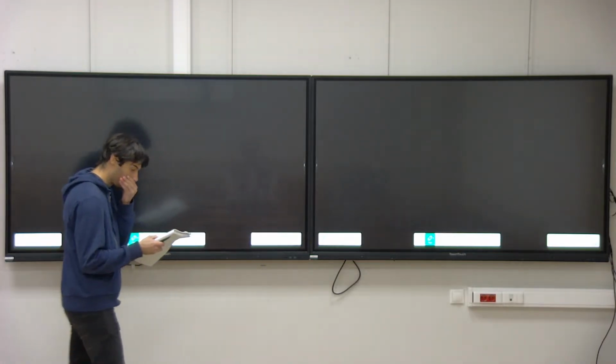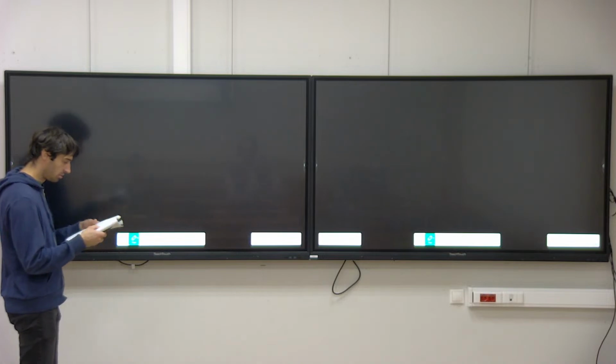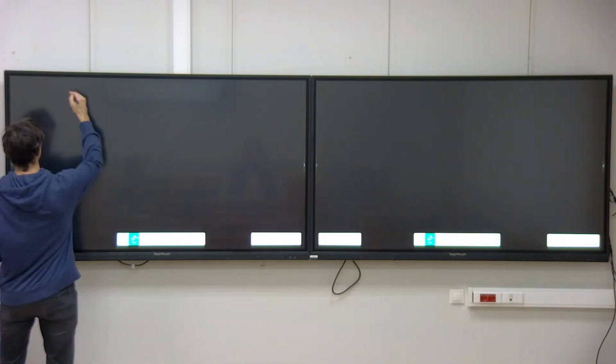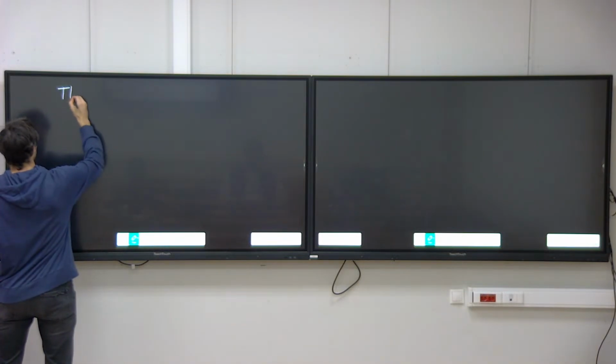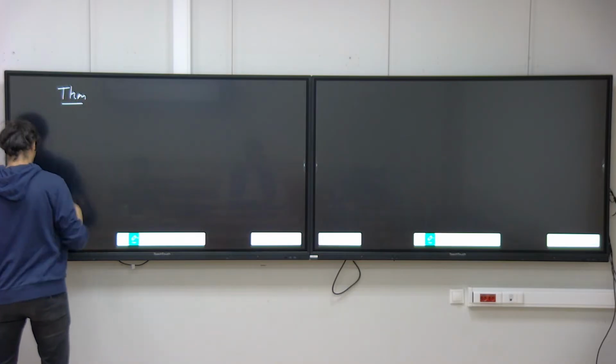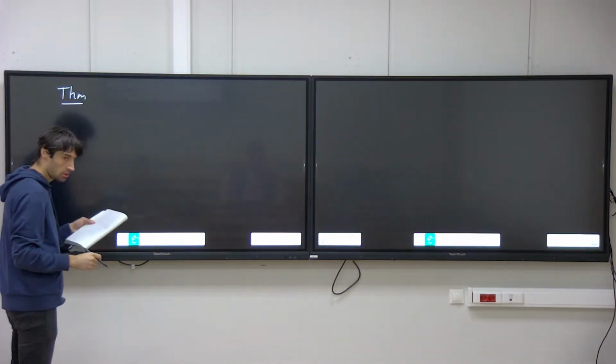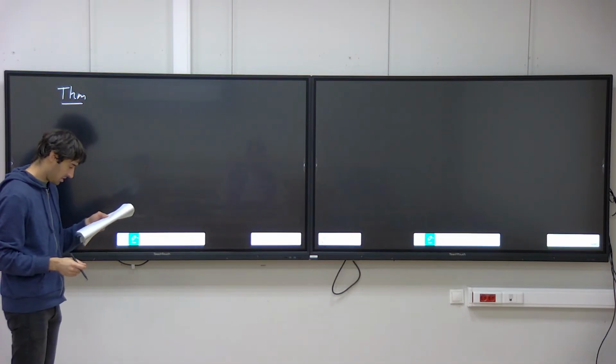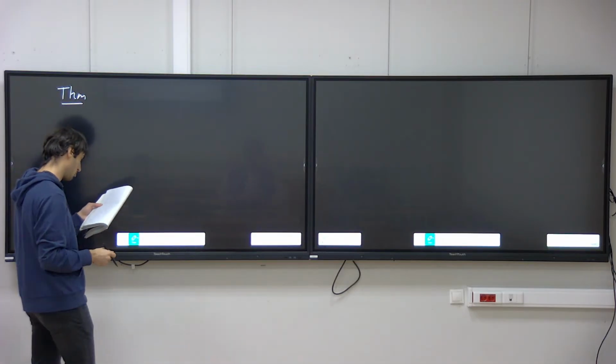Okay, so we need to prove the following theorem. It was formulated last time, but we didn't prove it.